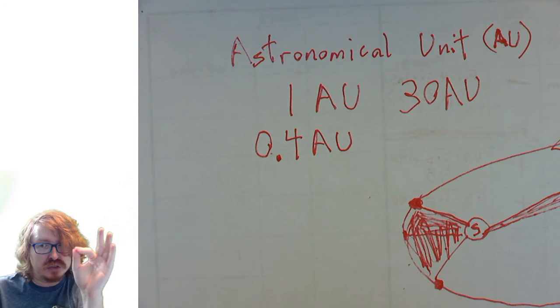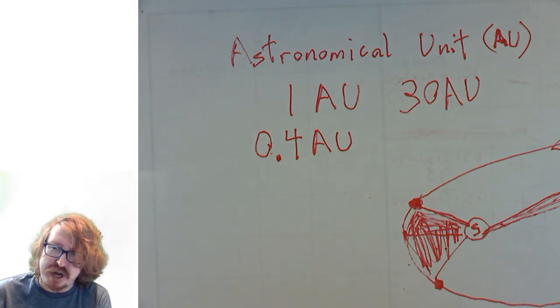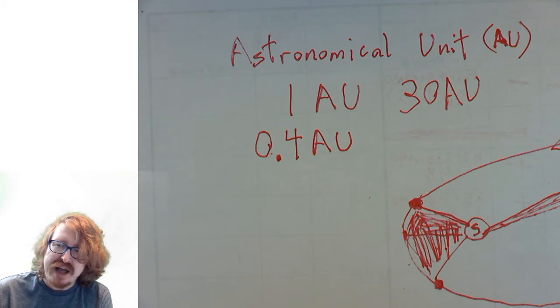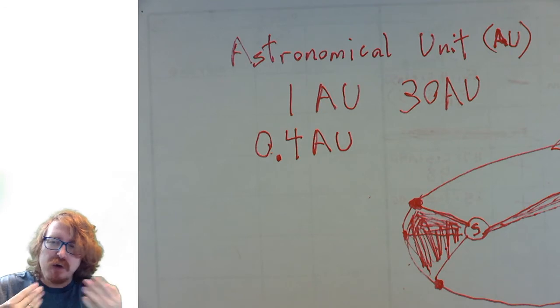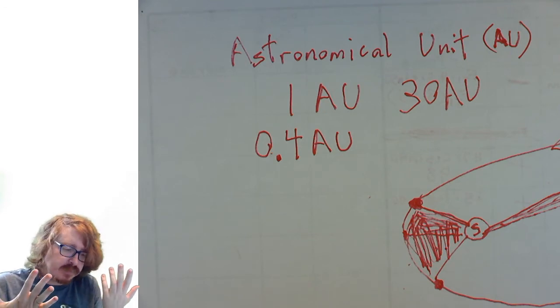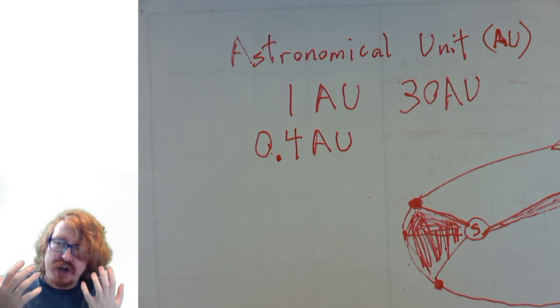And that's just the closest one. Most of the stars out there are millions and millions of astronomical units away. So if we tried to use this for that, we would run into the same problem where we don't like to deal with these giant numbers, right?